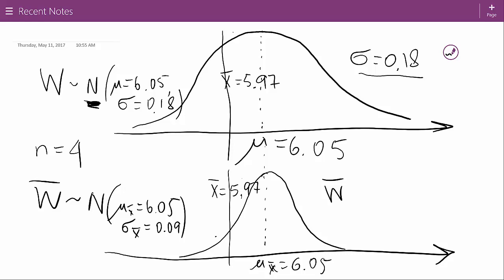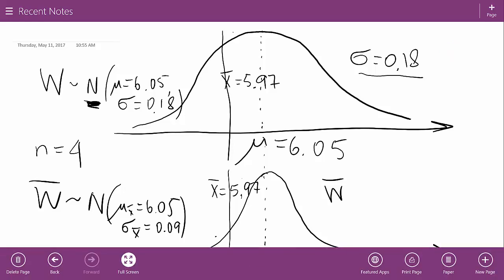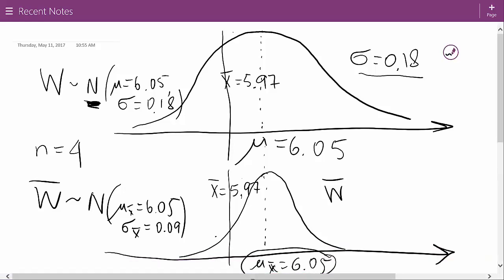I can compute how likely it was to see that type of sample average, 5.97, if the foreman is actually right, if that number, 6.05, is the actual population average. So he was not misled or misinformed, this is the actual thing that's happening. How likely is it for me to observe that sample? And that's going to be the area in the left tail of my distribution, okay?